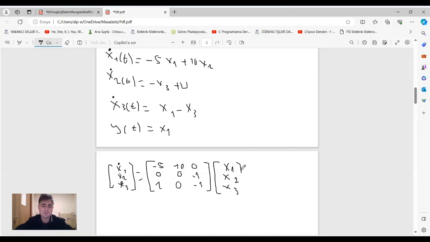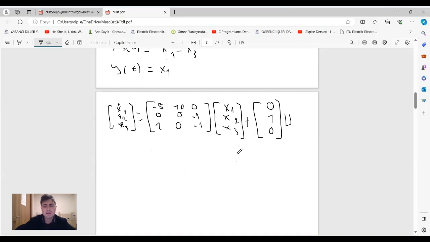They come from this, and equal plus 0, 1, and 0 times u. Why are we going to write this? Because of u. You already see that u times 0 is 0, u times 1 is u, and 0 times u is 0.